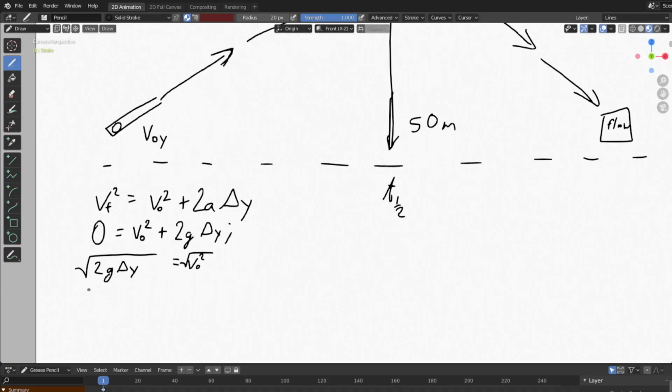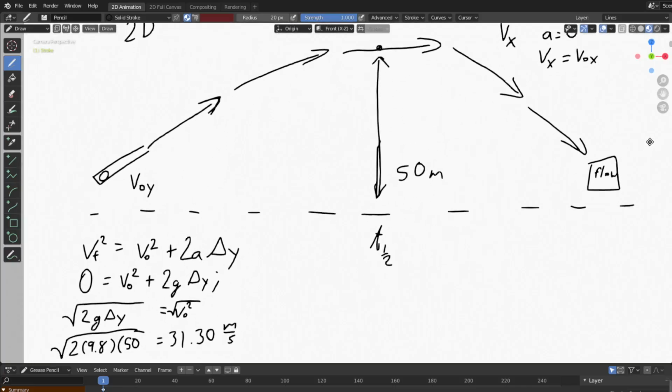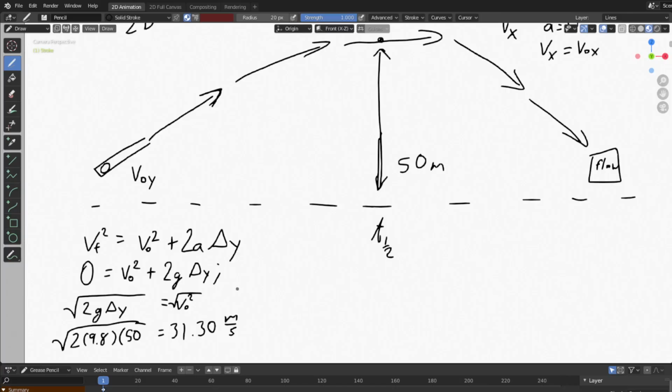Plugging in values, this is actually just the square root of 2 times 9.8 times 50, because it is 50 meters, equals, time to get out my calculator. Pretty sure I just did this calculation, but I forgot what it is. Yep, square root of 980, 31.30 meters per second. Well, so we get that. That's what our initial velocity is.